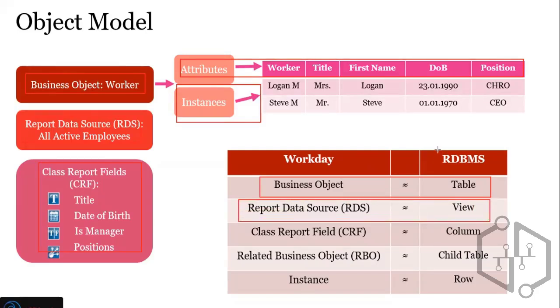In a traditional relational database management system, for example Oracle, we have tables, views, columns, and so on. So an instance is a row of data. And a class report field, basically each field, is a column.